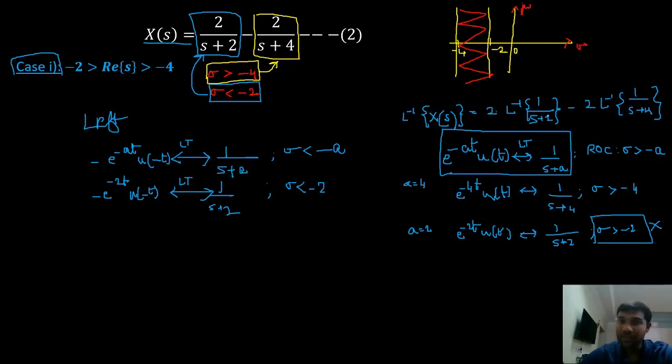So for 1 by s plus 2, the inverse Laplace transform and the corresponding ROC sigma less than minus 2 is similar to the specified ROC in case 1. So for the first term, I have to use this Laplace transform pair, minus e^(-at) u(-t) has a Laplace transform 1 by s plus a with an ROC of sigma less than minus a. And for the second term, I'm going to use the right-sided signal.